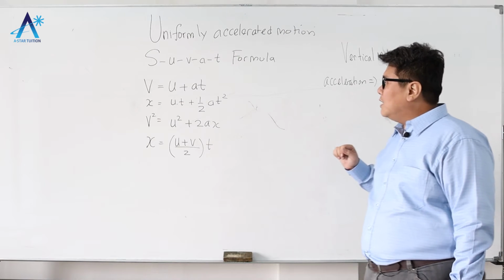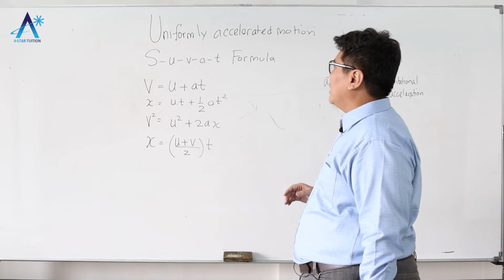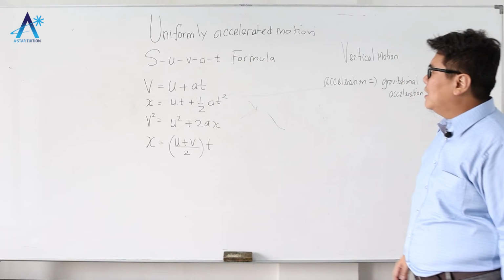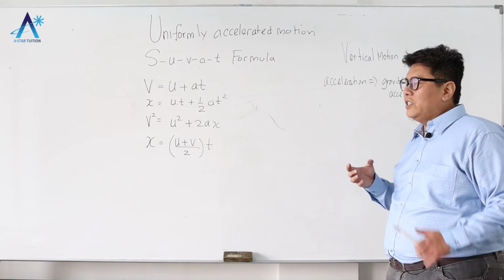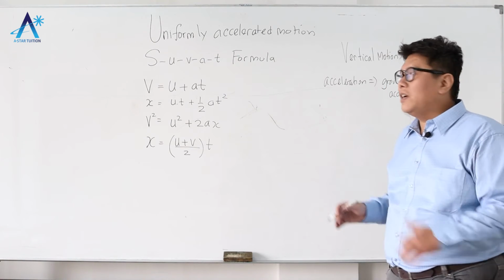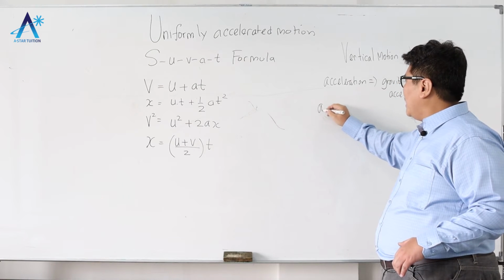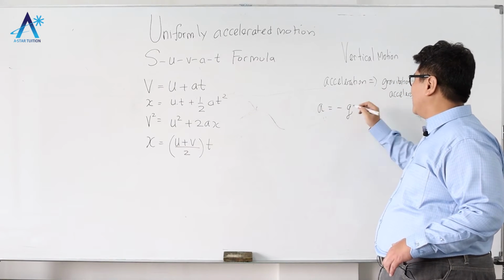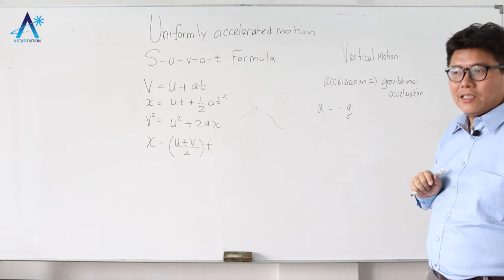So then we can still use the SUVAT formula, only usually we modify it a bit. We modify a to be minus g, which is the value of the gravitational acceleration.